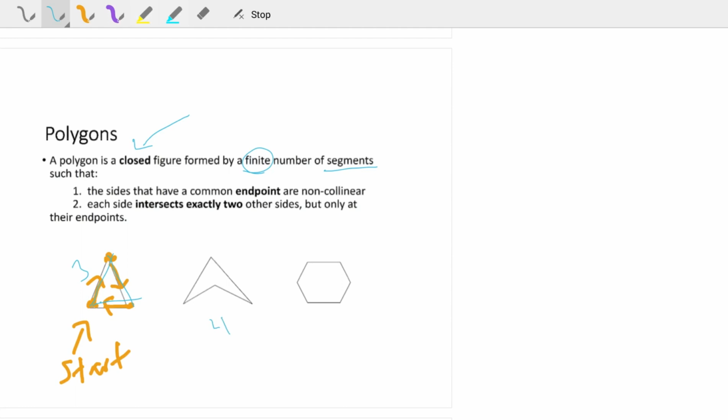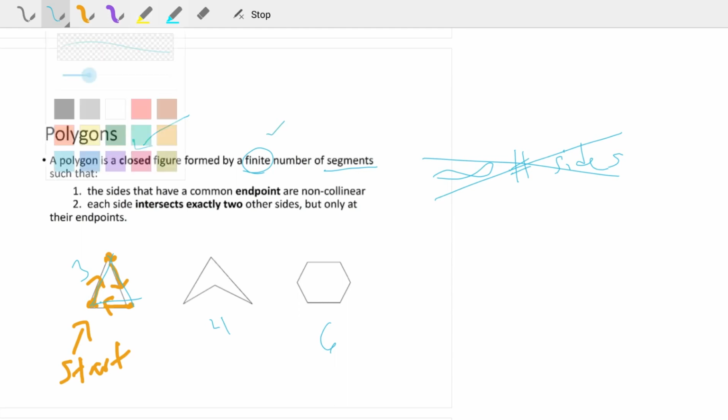It can't just be an idea. You can't say an infinite number of sides, because this won't work for a definition of a polygon. We get to this idea further on in math classes, but for right now, let's just leave it like that. And this shape has how many? 1, 2, 3, 4, 5, 6 sides. Okay, so that's what it means by closed, and that's what it means by finite.